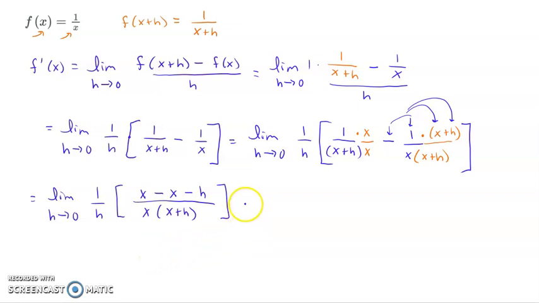Again, let's simplify. Don't lose your limit notation. 1 over h. If I combine the like terms up here on top, x minus x is going to be 0. So we've got a -h over x times x plus h.